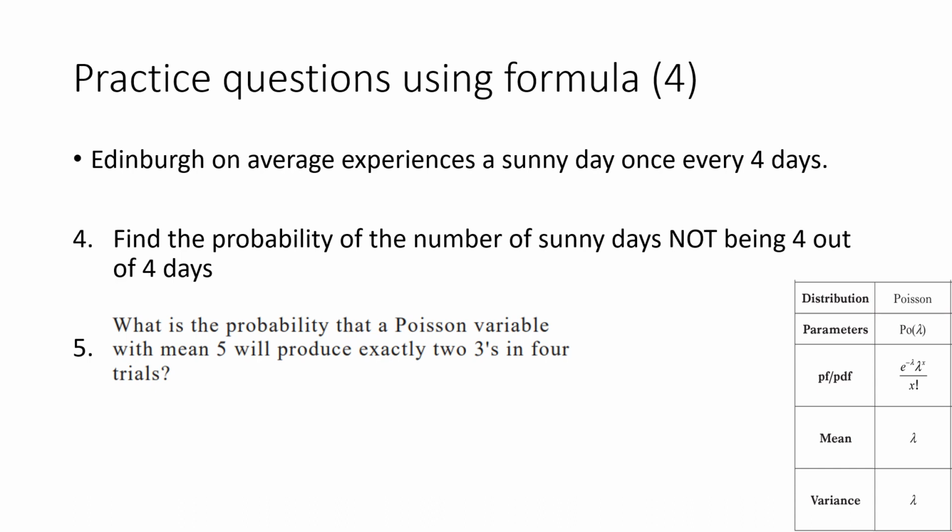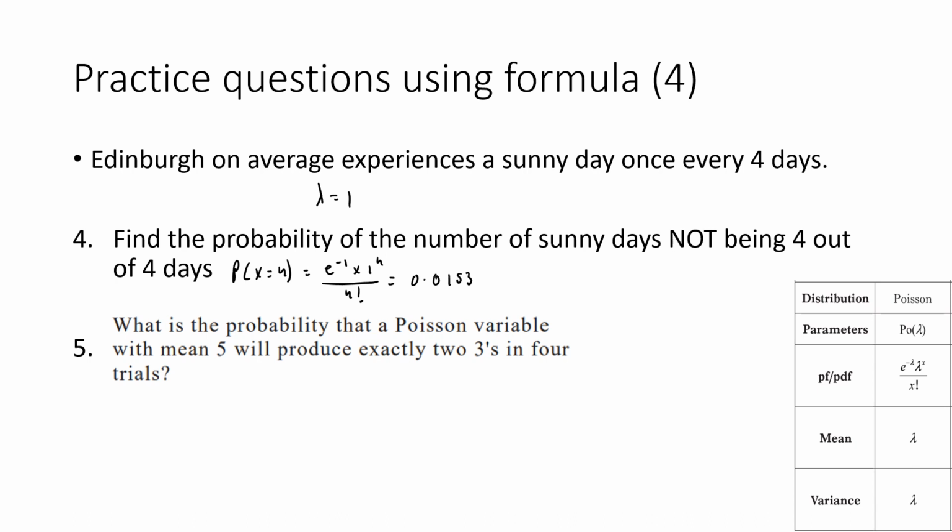It's the same question. Lambda is 1. Find the probability of the number of sunny days not being 4 out of 4 days. Here, we have to first find the probability of the sunny days being 4 out of 4 days, which is e to the negative 1 times 1 to the power of 4 over 4 factorial. And that gives us 0.0153.